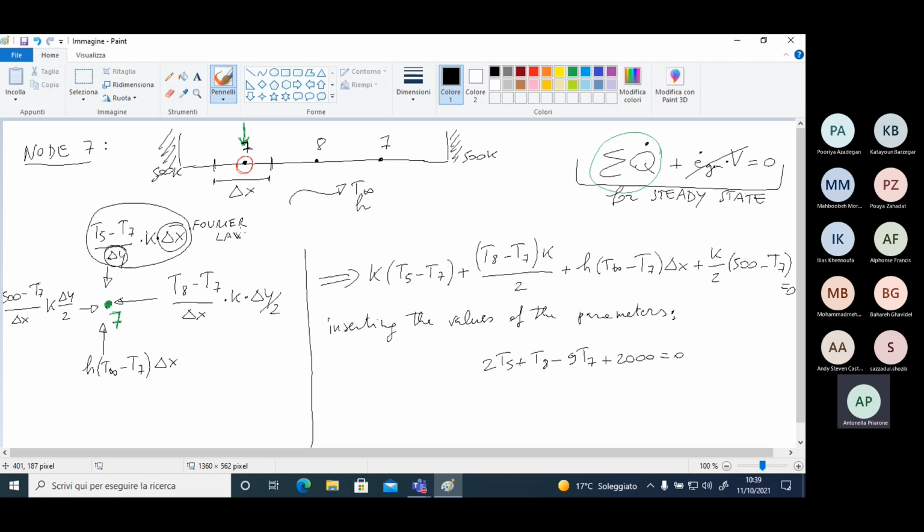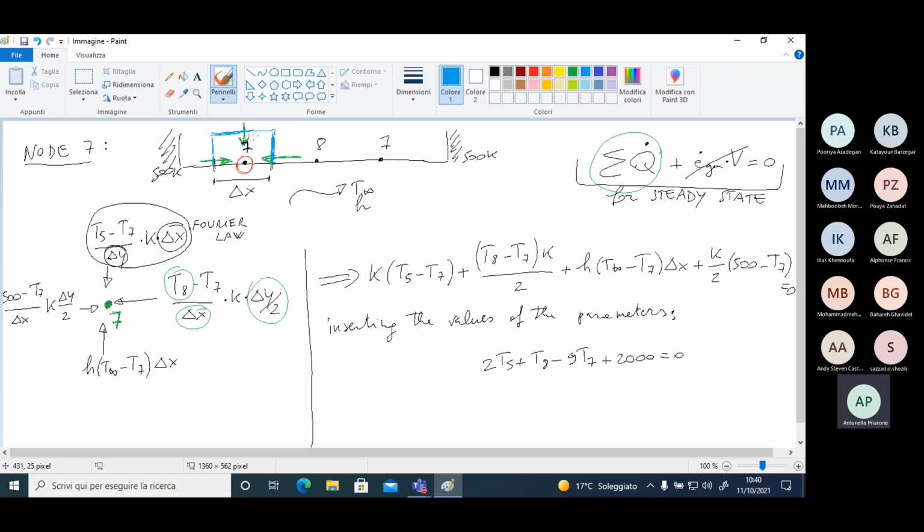In the same way, for the side contribution from right and the contribution from left. The contribution from right arrive from the node 8 with delta x, the distance between the node 8 and the node 7. This one is the area associated to the small volume of my node 7.